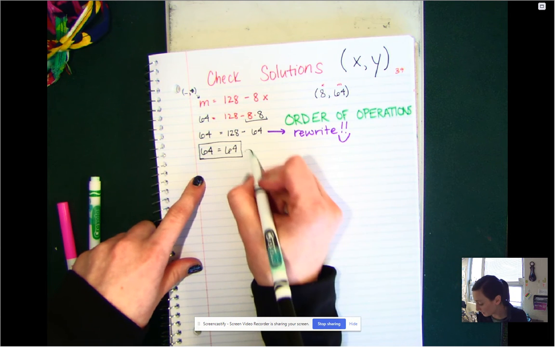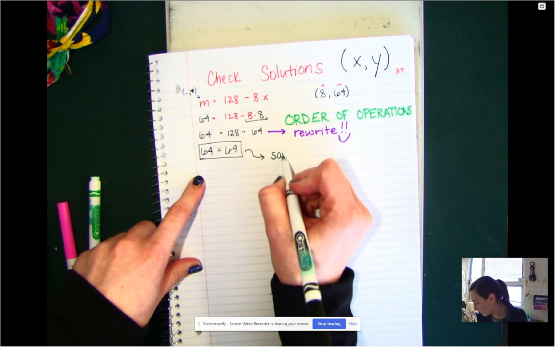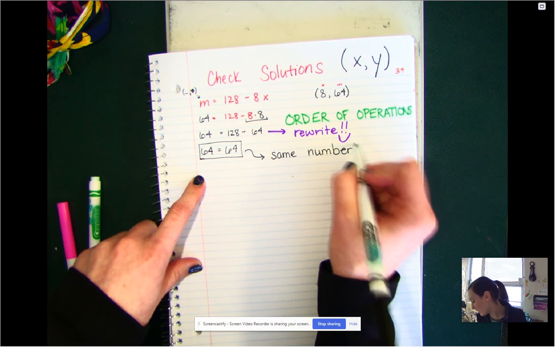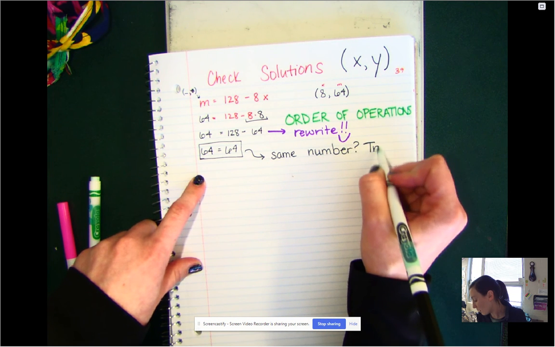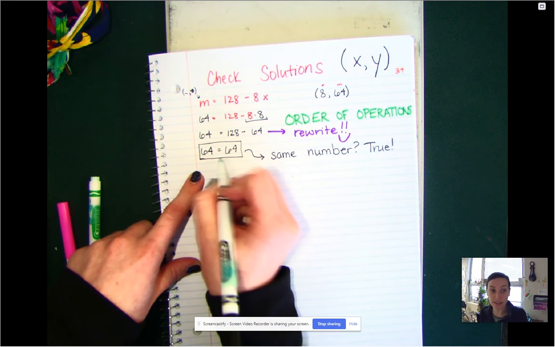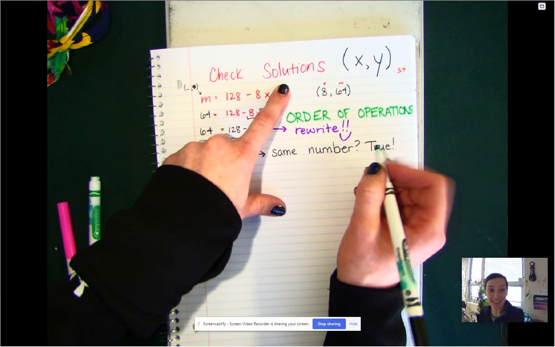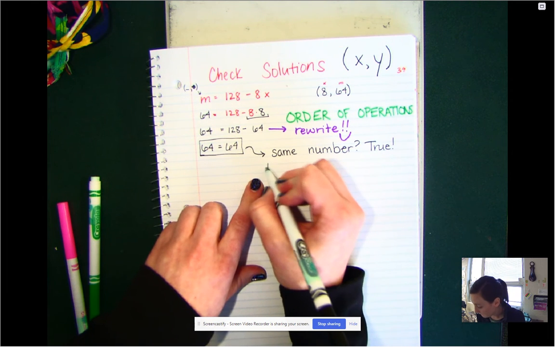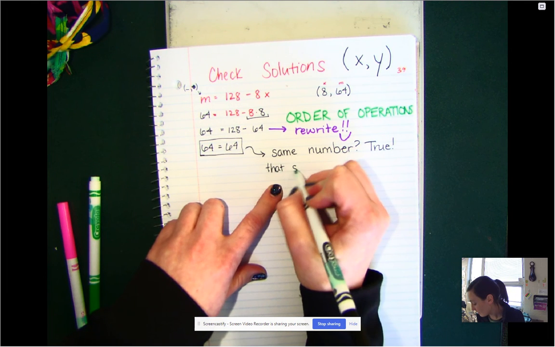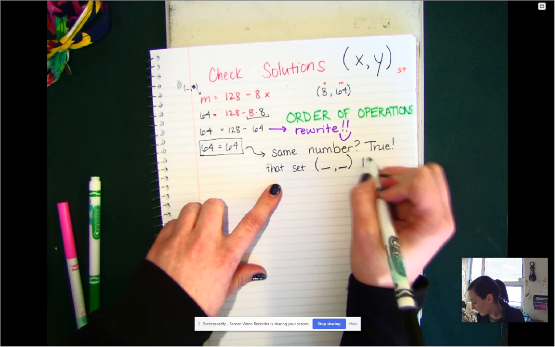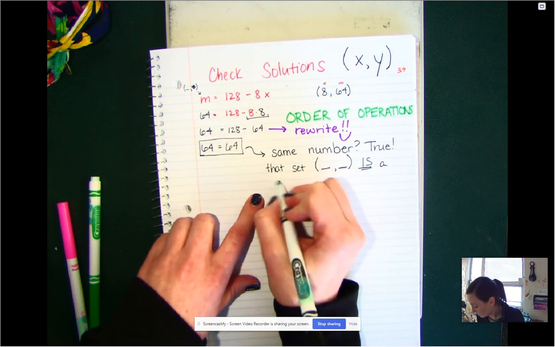If I end up with the same number, that means it is true, right? 64 is the same as 64, which means this is a solution. Blank, comma, blank is a solution.